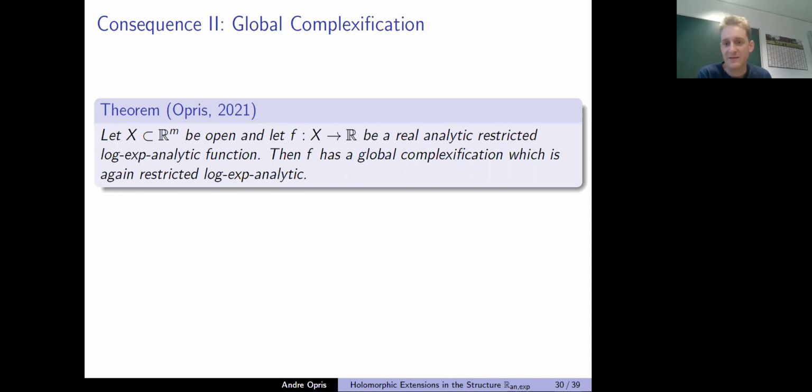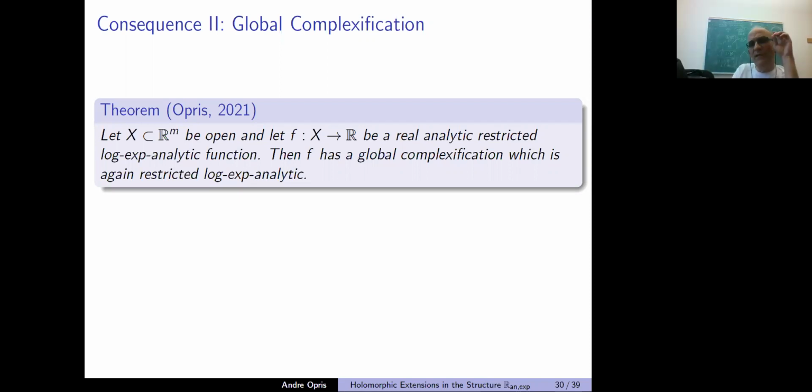But what do you mean then with uniform? In R sub n, if you have a definable family of real analytic functions, can you uniformly complexify them? I think so if this n is finite, yes, but I'm not so sure if it's infinite.